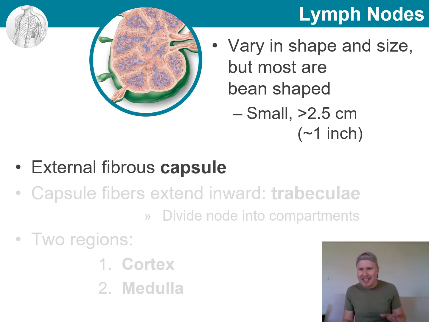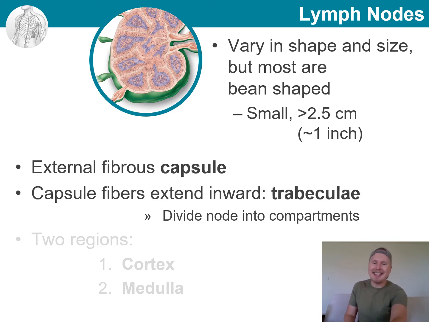Another thing to notice is that there is a capsule around a lymph node. This is fibrous, and fibers from the capsule extend inwards as a structure called trabeculae. These divide the lymph node into separate compartments.